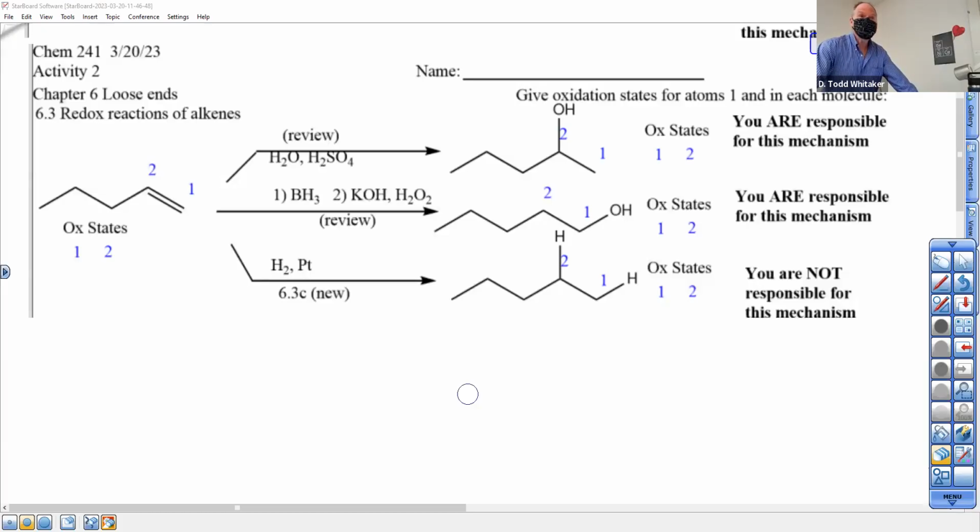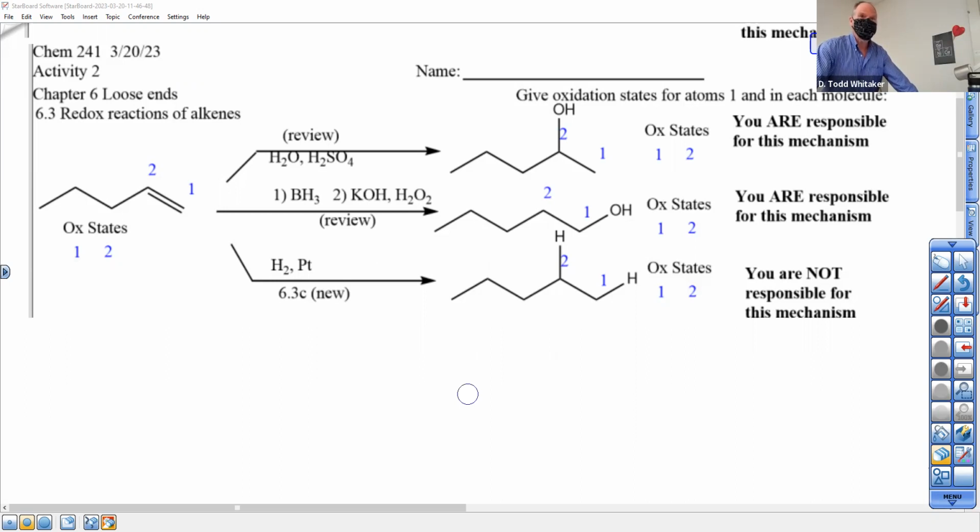Redox review. To determine the oxidation state of an atom, you look at every bond. This is organic chemistry, people. If you are bonded to a less electronegative atom, you get an oxidation state of -1 because the electrons are closer to you than the other atom.